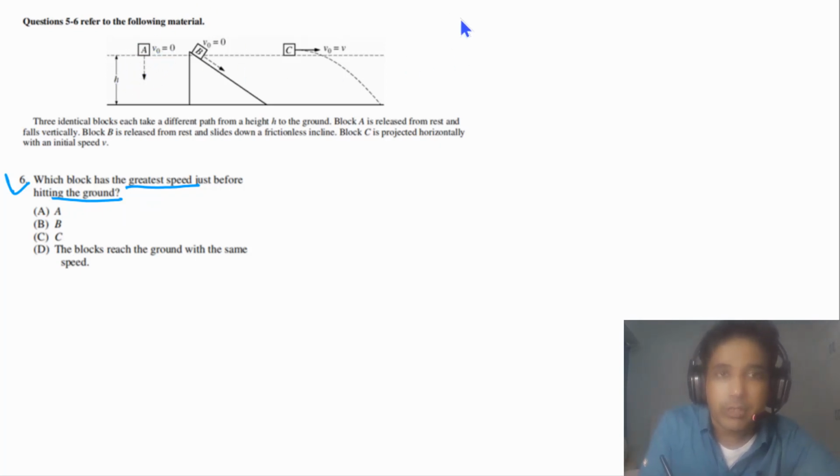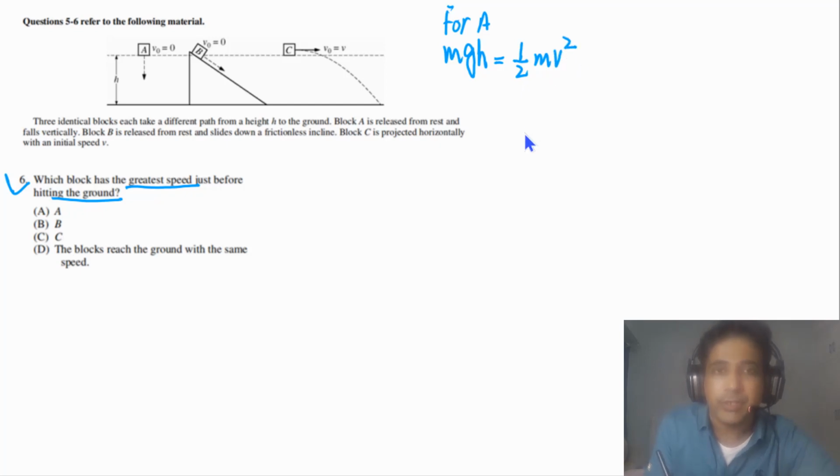For block A, initial energy is only potential energy, so this is mgh, and this has to be equal to the final kinetic energy, 1/2 mv squared.